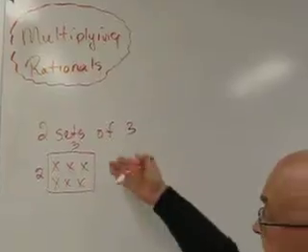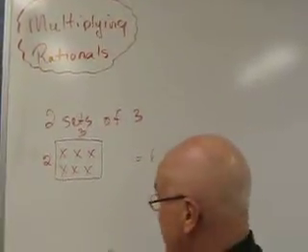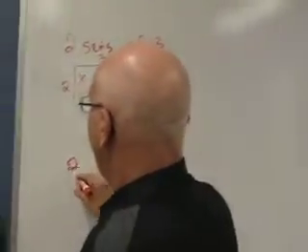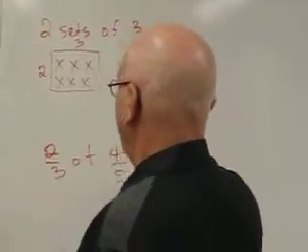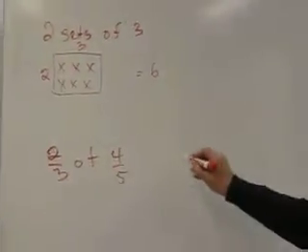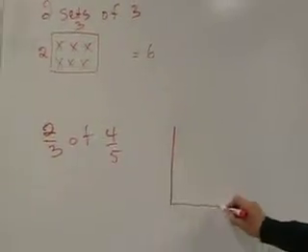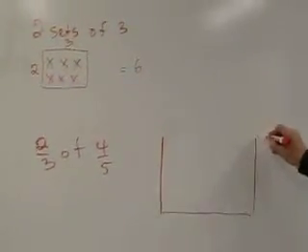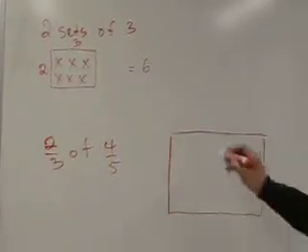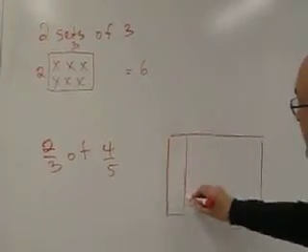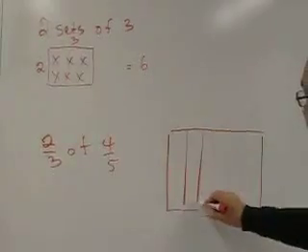Now, let's extend that idea to fractions. Let's say we have 2/3 of 4/5. So what I'm going to do is, first of all, create a whole. This being the whole, I'm going to take that whole and divide it into fifths.